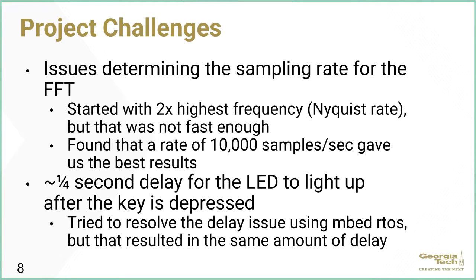But that small rate was not suitable enough for the Mbed to process and send it. It was extremely slow. So we found out after a lot of experimentation and trial and error that 10,000 samples per second gave us the best results.